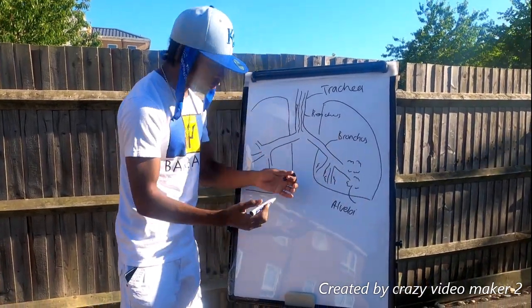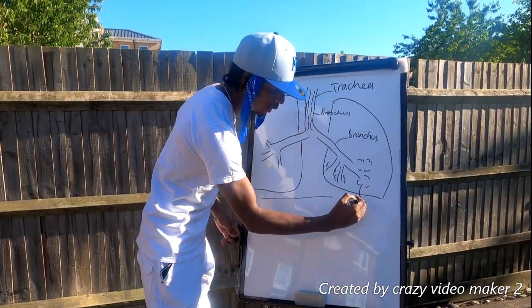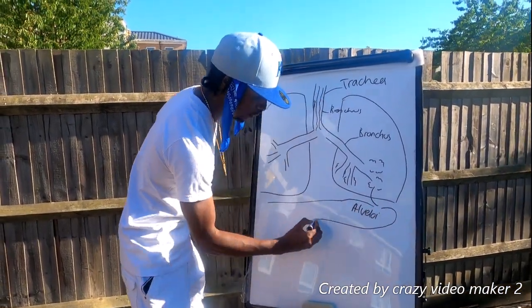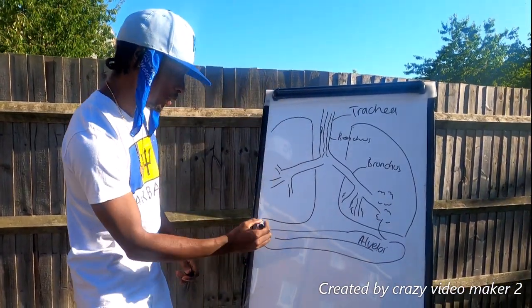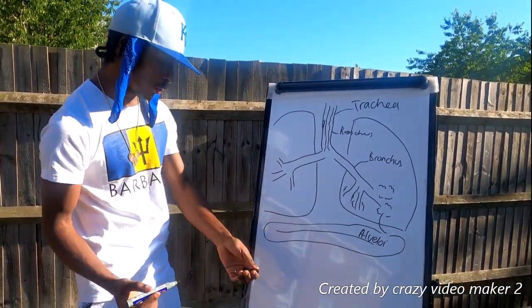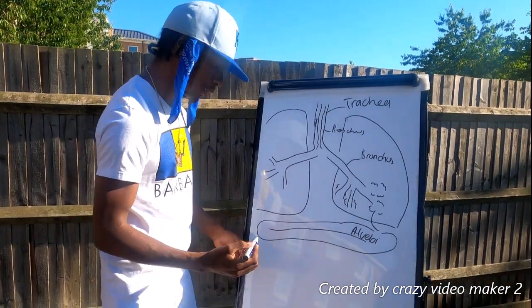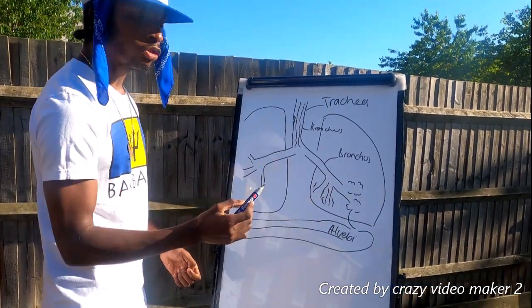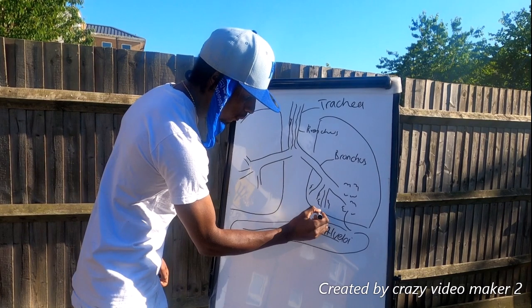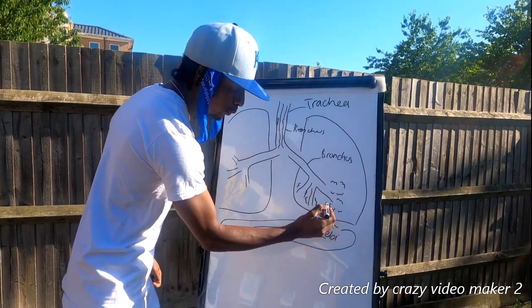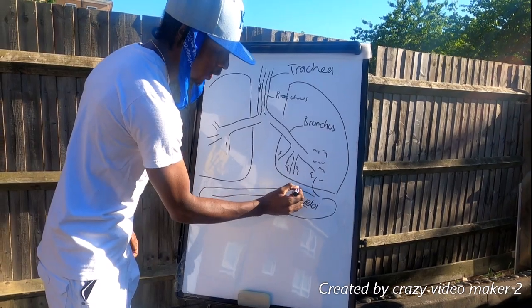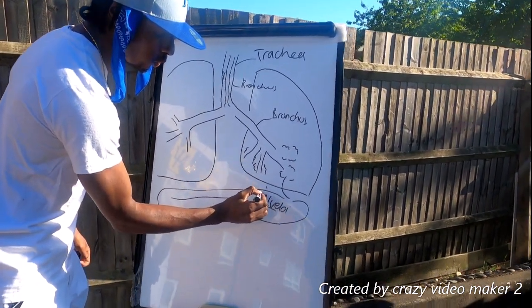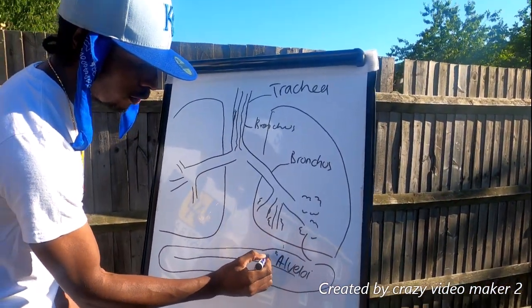The alveoli are also responsible for distributing oxygen into your blood, into your red blood cells and your hemoglobin. So oxygen gets distributed through the alveoli, penetrates through the lungs and into the red blood cells.